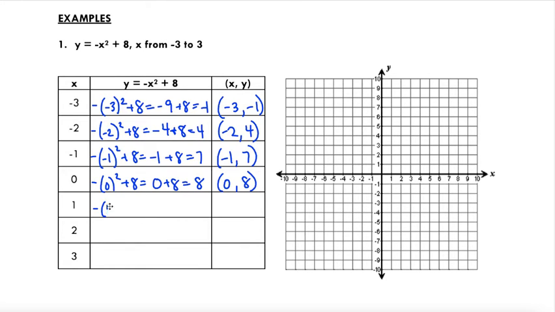So -1 squared plus 8 is -1 plus 8, which is 7. Then we have -2 squared. So again, hopefully you're realizing that there is a pattern starting to happen.